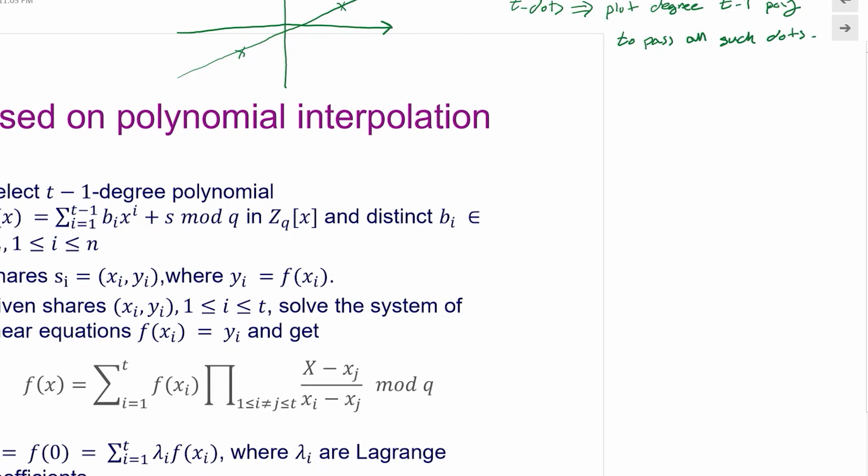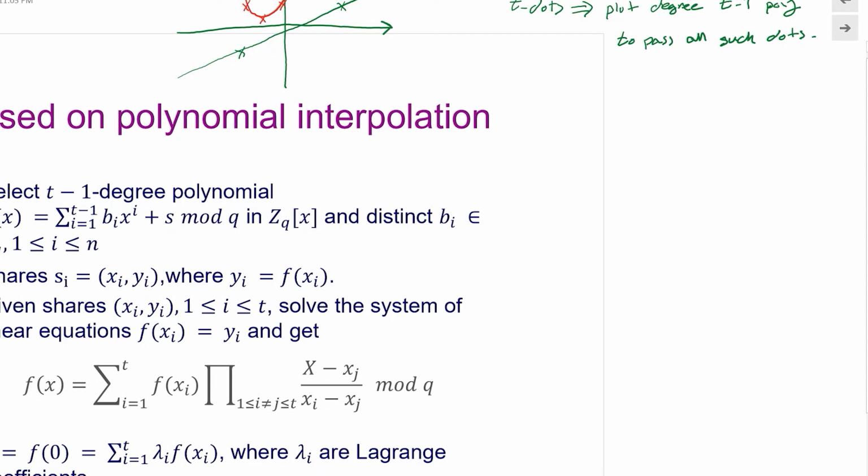So for example, if I give you 3 dots on this plot, there will be only one degree 2 polynomial that can pass through them. For example, if I draw the line over here, here, and here, you will see that there is only one degree 2 polynomial that can pass through there.